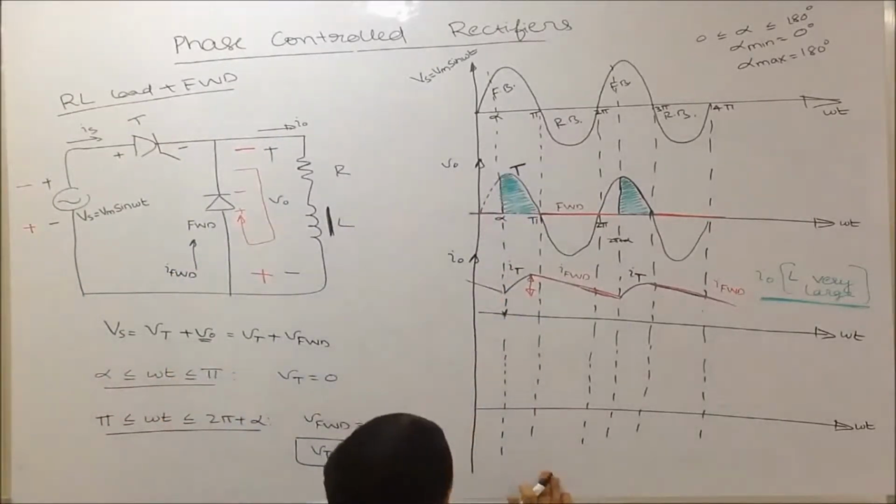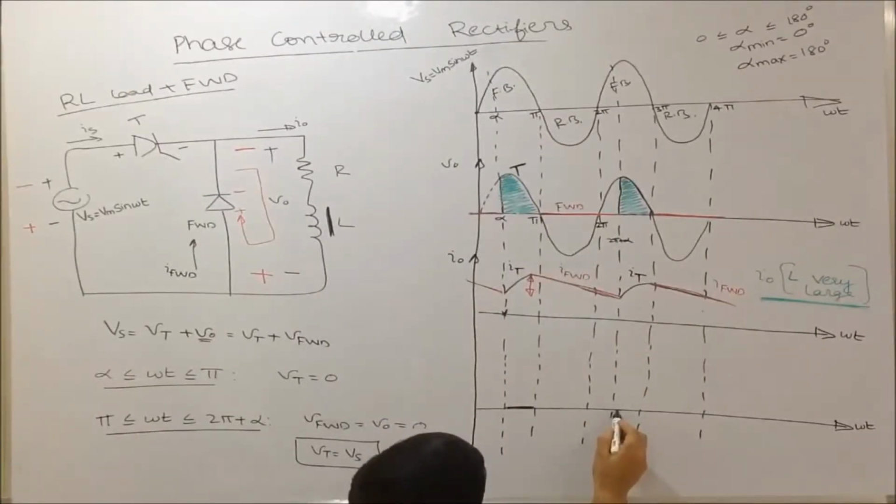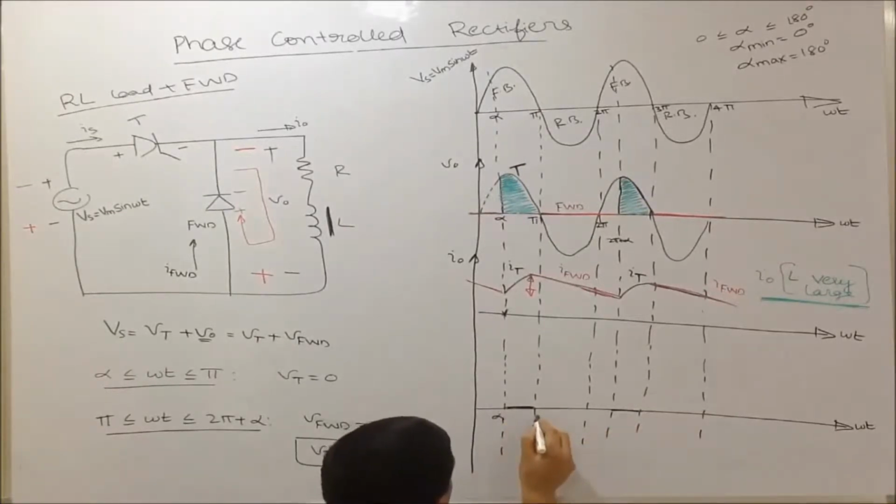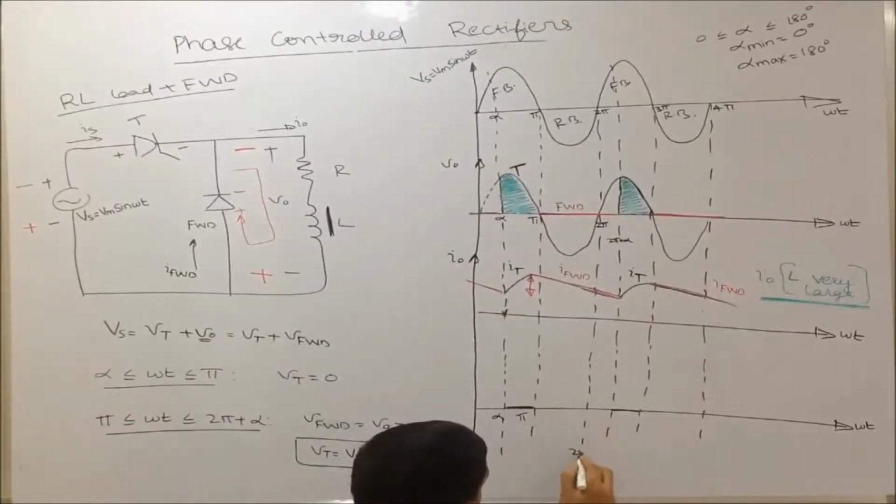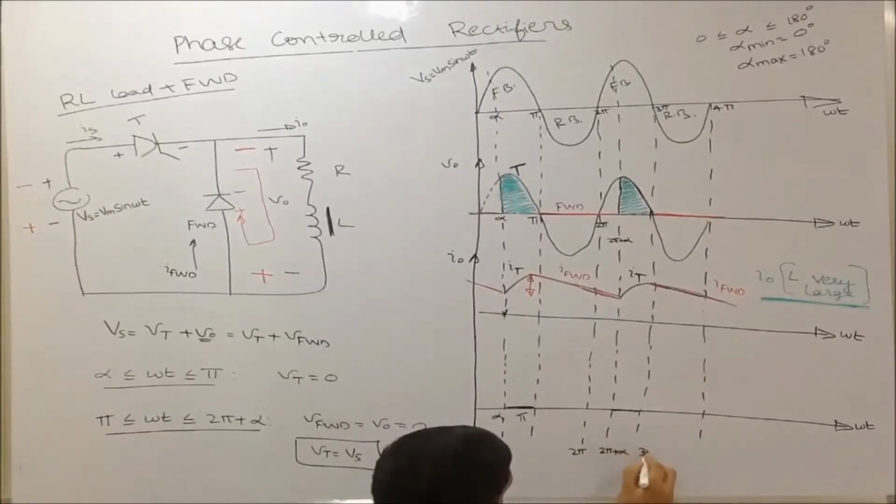Wherever 0 comes, you simply mark 1. Similarly, from 2 pi plus alpha to 3 pi. This is alpha, this is pi, this is 2 pi, this is 2 pi plus alpha, this is 3 pi.